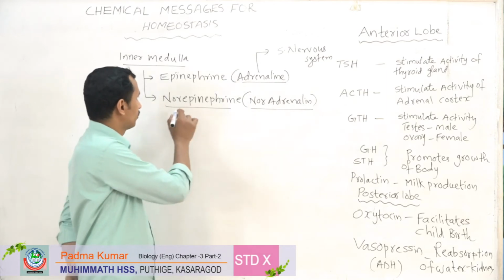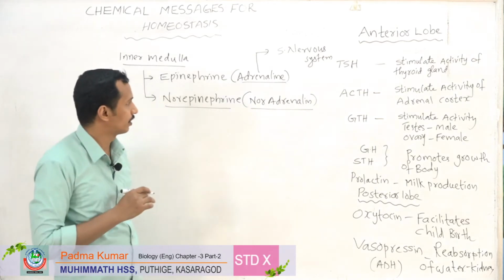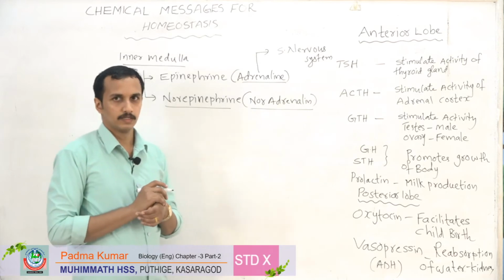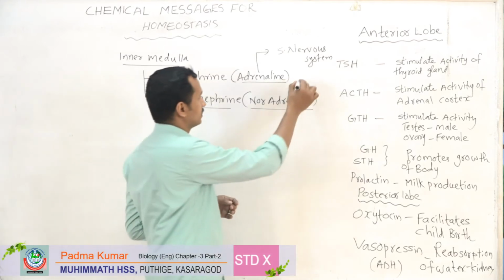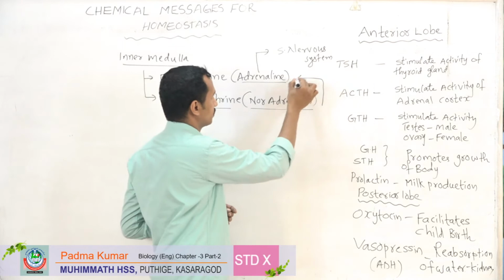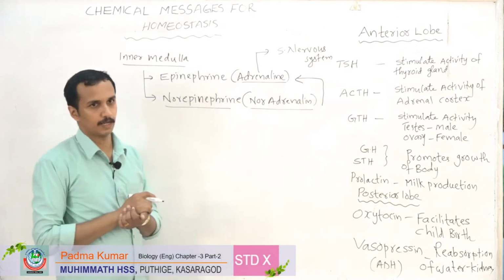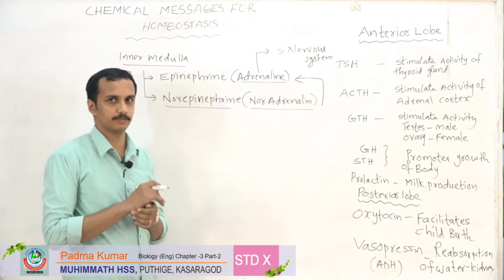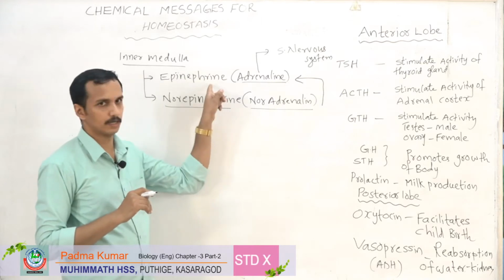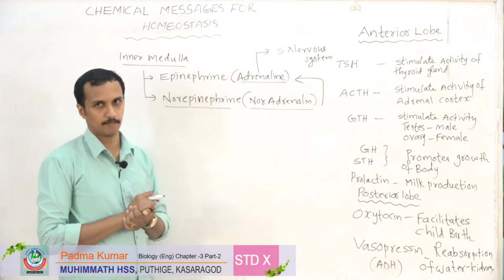Then what is the role of norepinephrine or noradrenaline? It is also associated with adrenaline, or epinephrine. In other ways, we can say it helps in the functions of epinephrine.